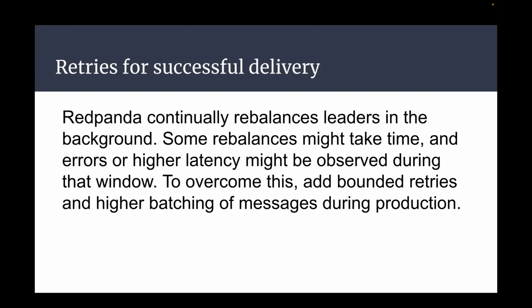Cool. Apart from that, there is a second point, that is retries for successful delivery. Basically, be it Kafka, Redpanda, or any other system, if something goes wrong in production, say some node dies, Kafka behind the scenes holds replicas for every partition.